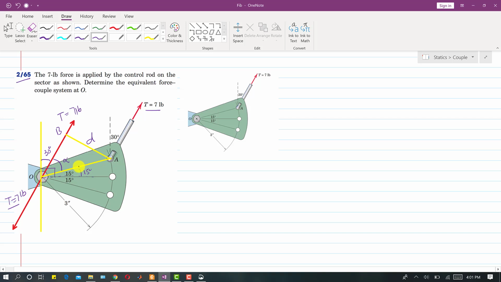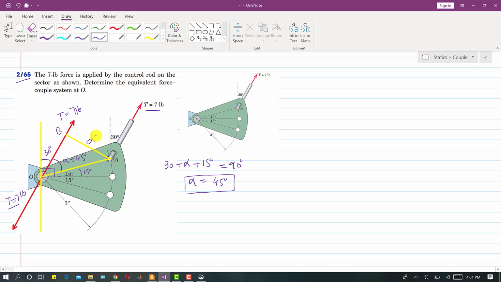So 30, alpha and 15 are complementary angles. So 30 plus alpha plus 15 degrees is equal to 90 degrees, right? Then alpha is 90 minus 30 minus 15, so this comes out to be 45 degrees. So this angle is 45 degrees, and the radius of this arc makes 45 degrees with this OB line, right?